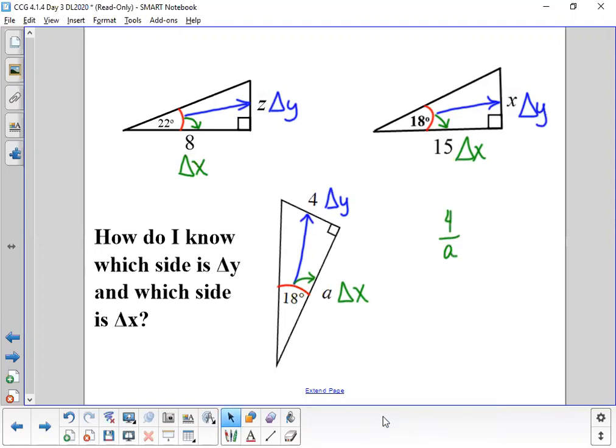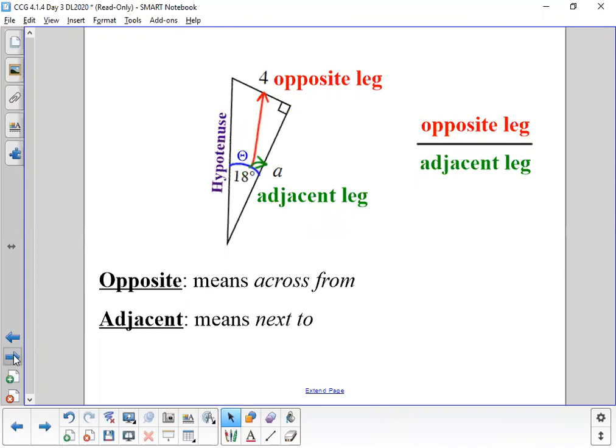All right, so what I want to do now is generalize this so that we don't have to worry about trying to reorient and that we can just use this generalization. So here is my generalization. In a right triangle, you will always have the hypotenuse, which is directly across from the 90-degree angle, and then you will have 2 legs.